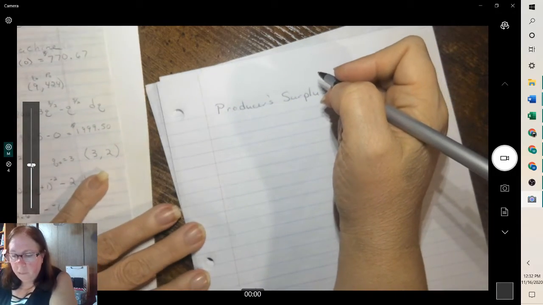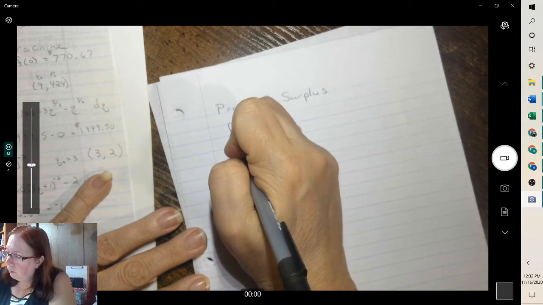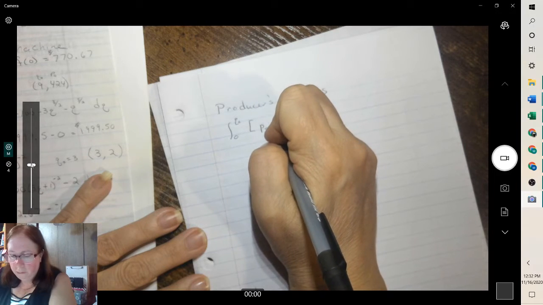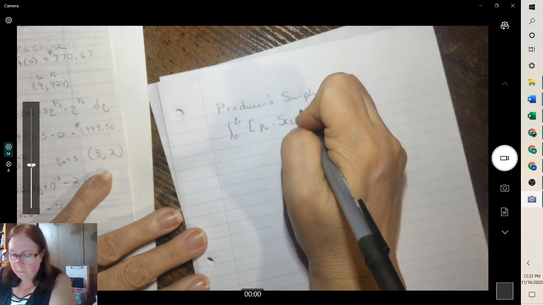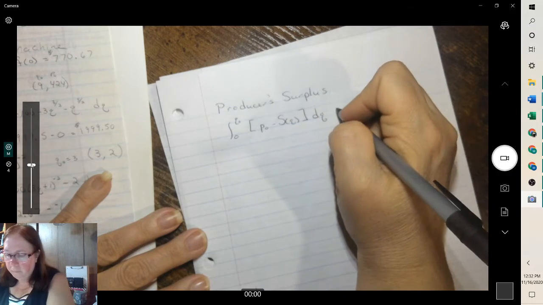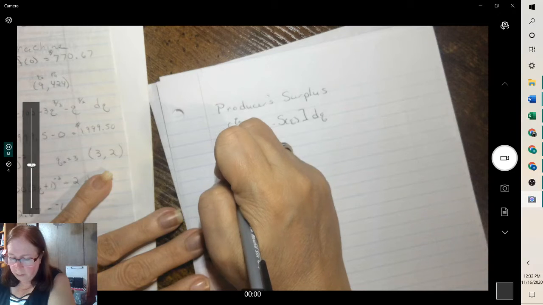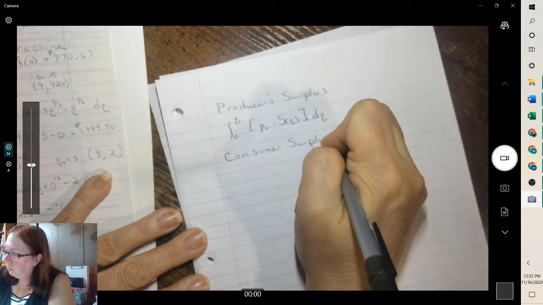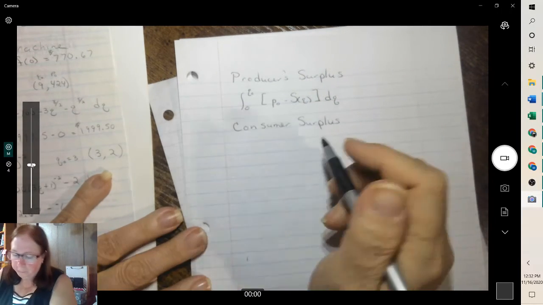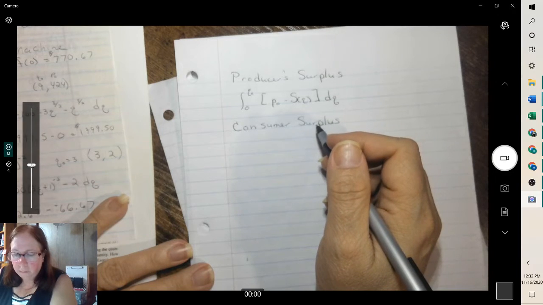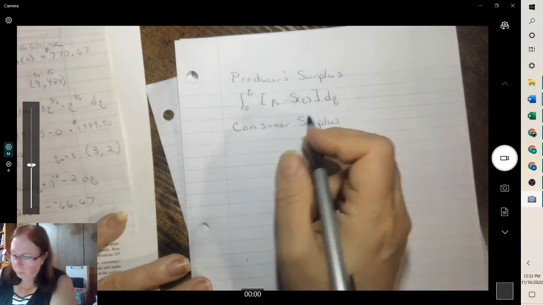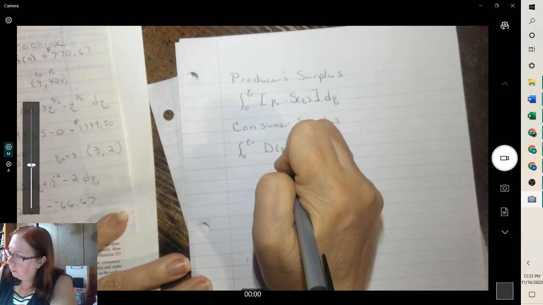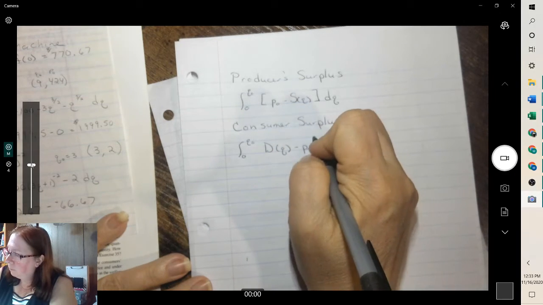Okay, there's 2 more formulas. Producer surplus goes from 0 to Q sub 0, P sub 0 minus S of Q. And consumer surplus is, oh, there it is, 0 to Q sub 0, the demand minus P sub 0.